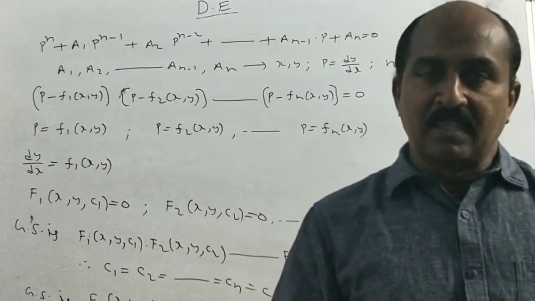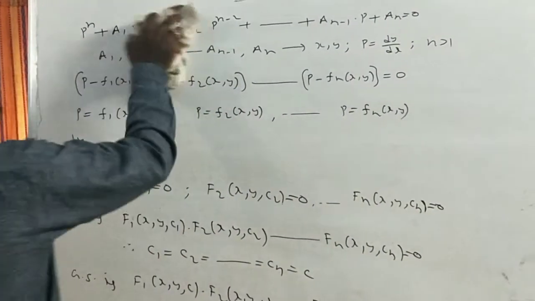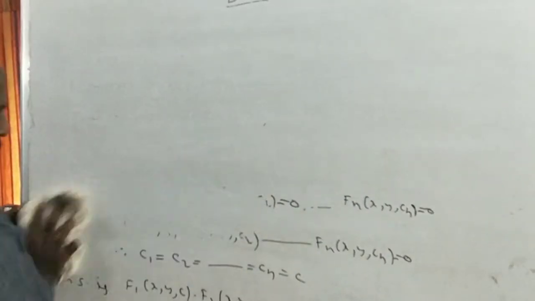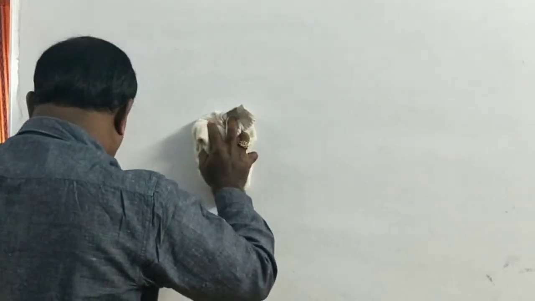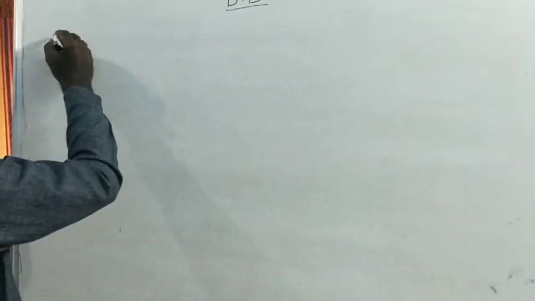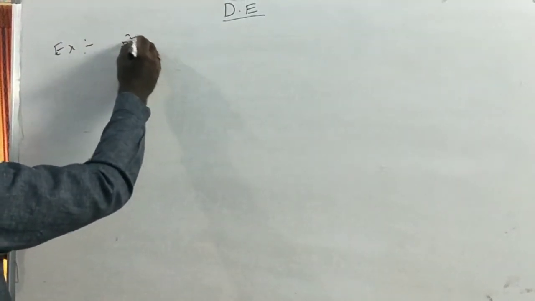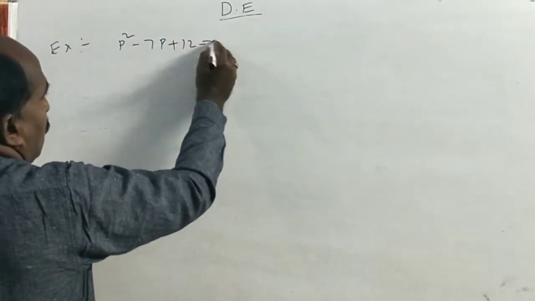Let us discuss some problems on this model. p square minus 7p plus 12 equal to 0.